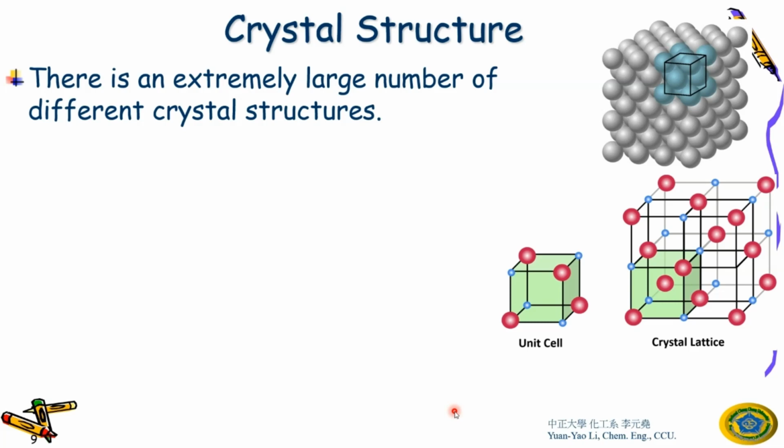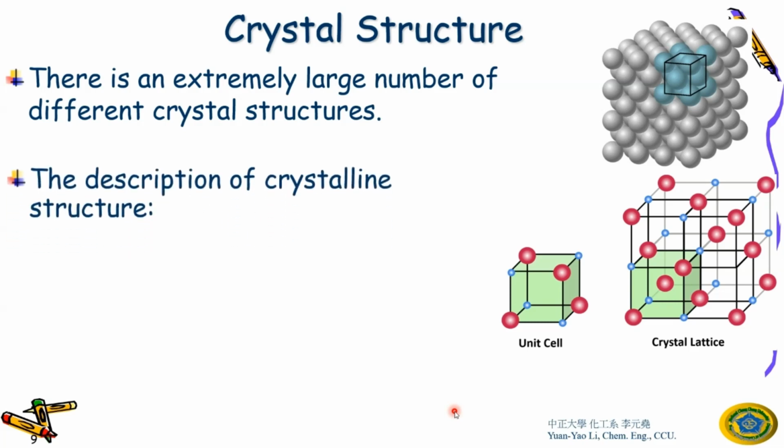However, we talk about crystal structure in the simplest way in the very beginning. How do you describe the crystal structure? You can use the atomic hard sphere model. This is called the atomic hard sphere model.